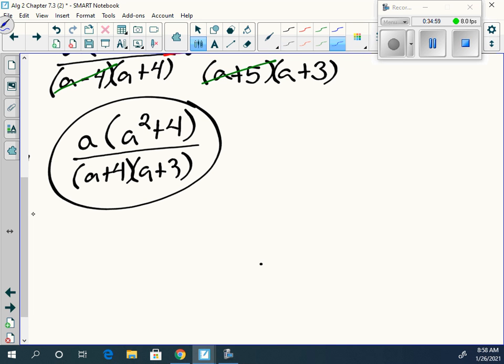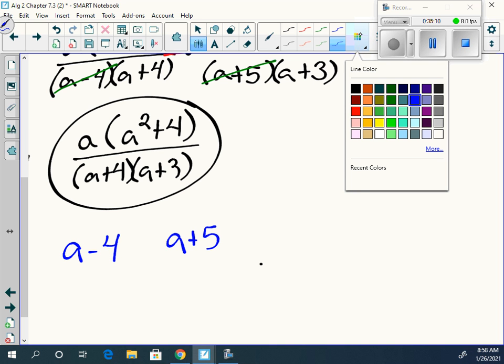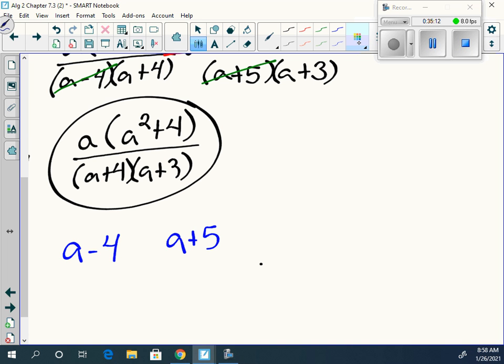Now, when we look at the restrictions, we do have an a minus 4, we do have an a plus 5. So we have these two here. I want a different color. I'm going to go with purple. Because we also have a plus 4 and a plus 3.